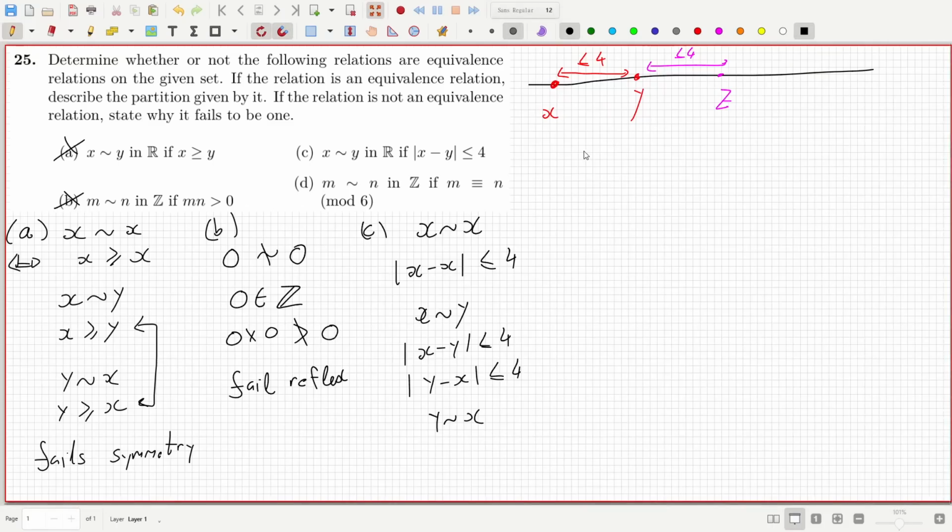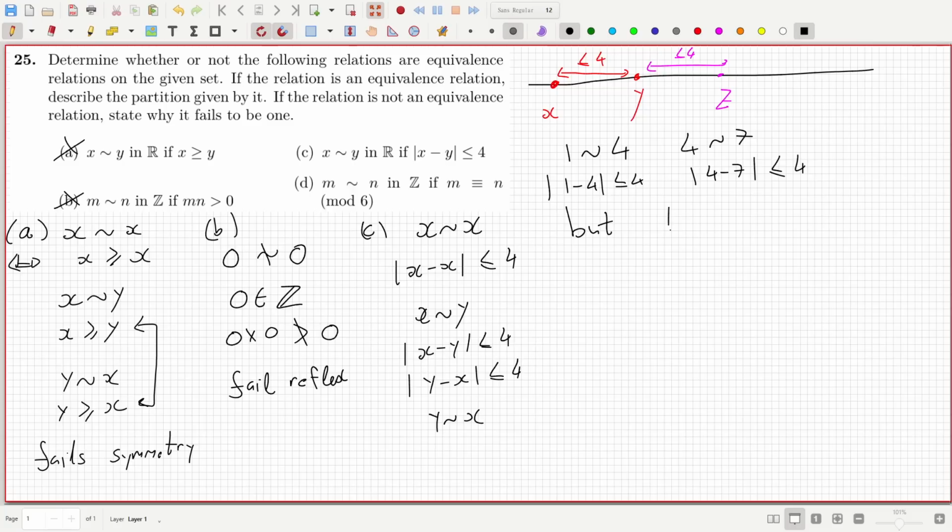For example, 1 is equivalent to 4 because the difference is less than or equal to 4, and 4 is equivalent to 7 because the difference is less than or equal to 4.